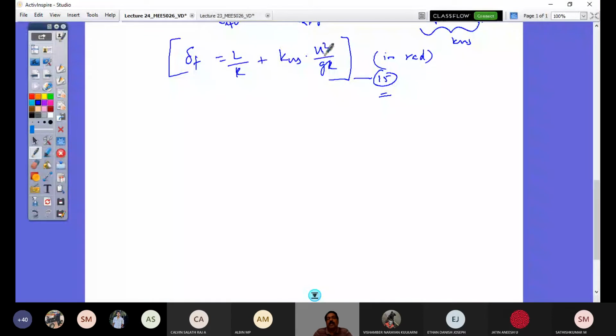U is the vehicle forward speed. Or you can say U squared by R is the lateral acceleration. Either vehicle speed or lateral acceleration, and of course K US. So these are the four parameters that decide the required steering angle when you are going to take a turn.